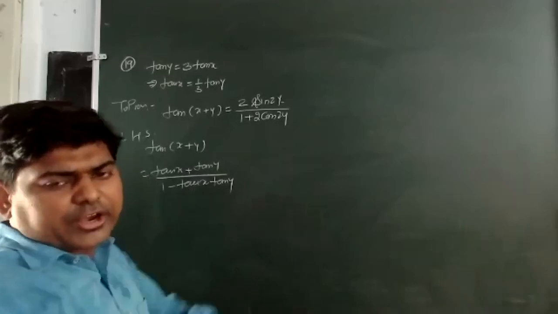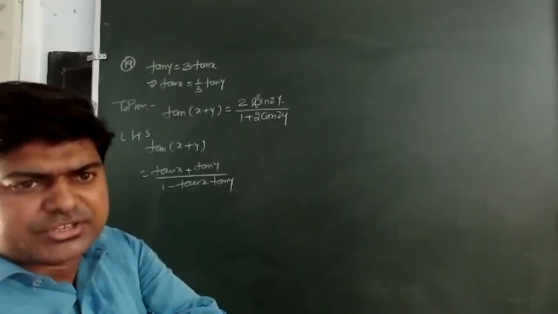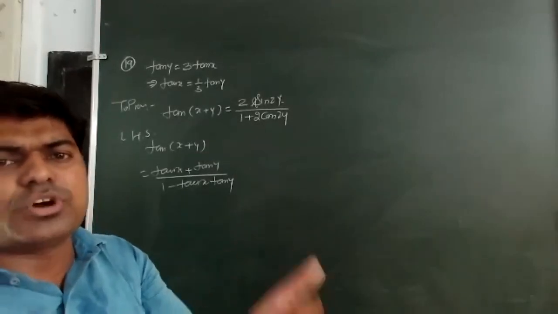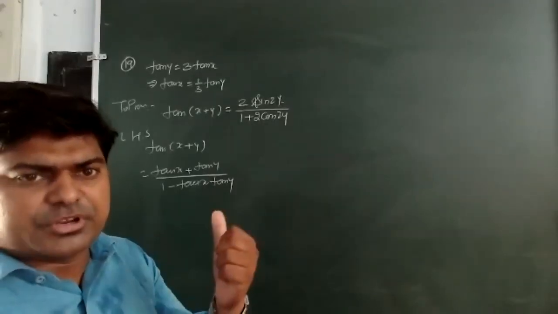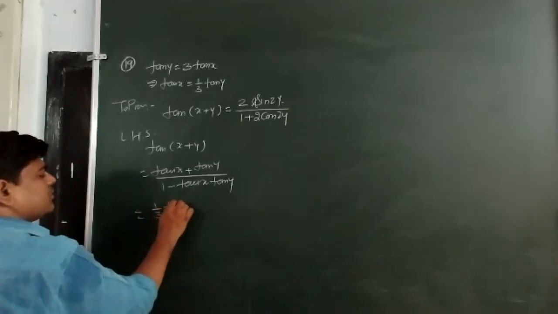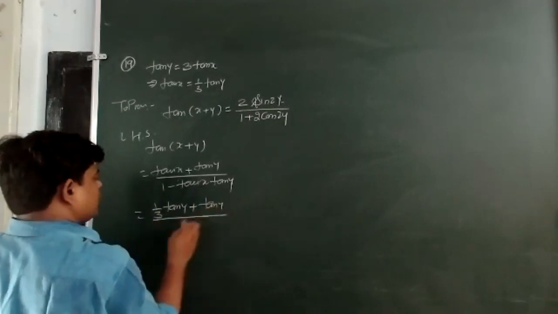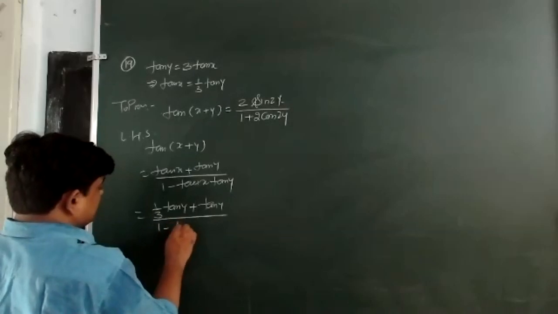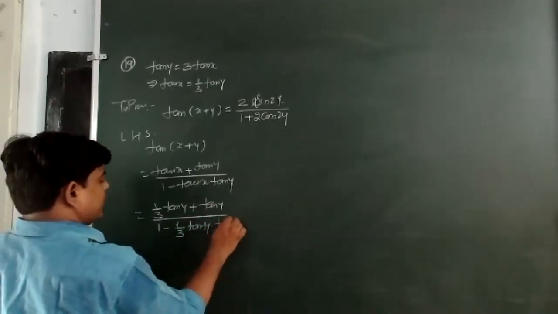Now, as I told you, in our result, x is not required. Only y is required. So at the place of tan x, we can substitute 1 upon 3 tan y, or not? It is given in the question. So I will write here 1 upon 3 tan y plus tan y, whole upon 1 minus 1 upon 3 tan y into tan y.